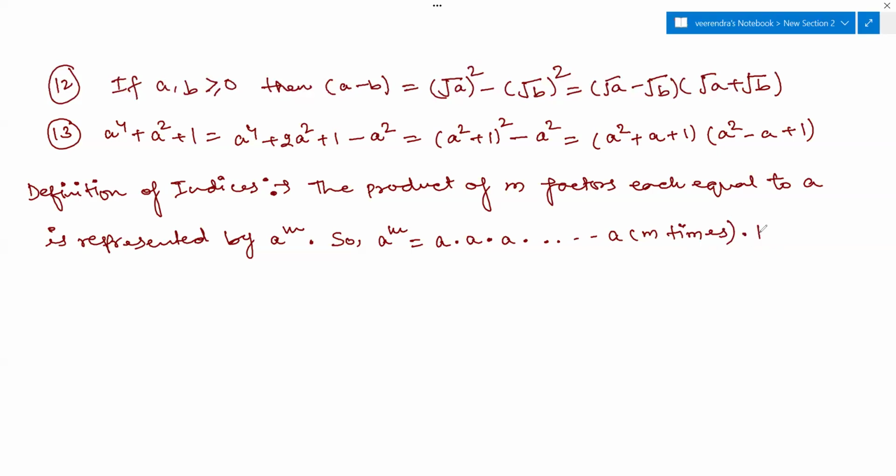Here a is called the base. A is base and m is the index.